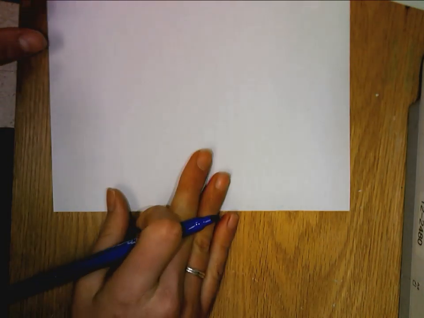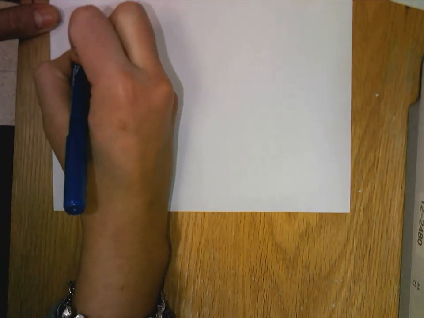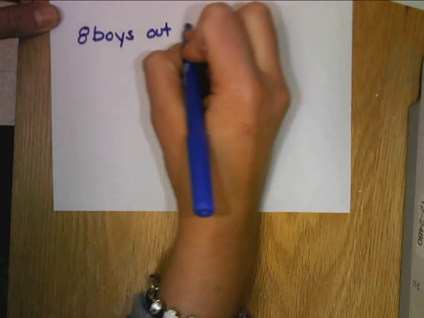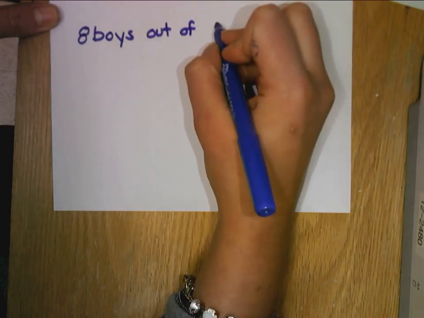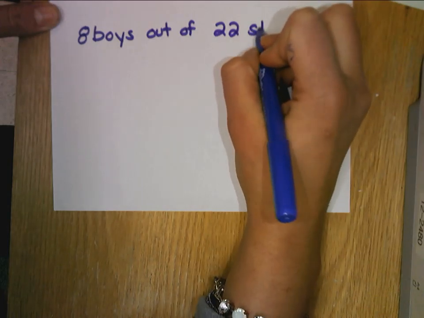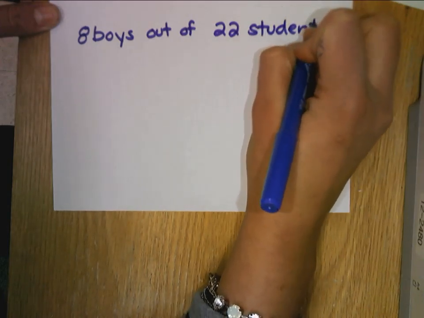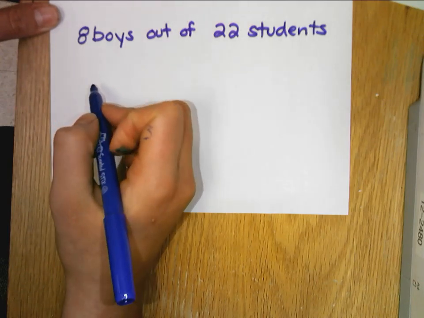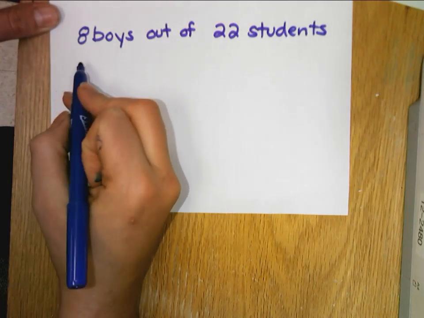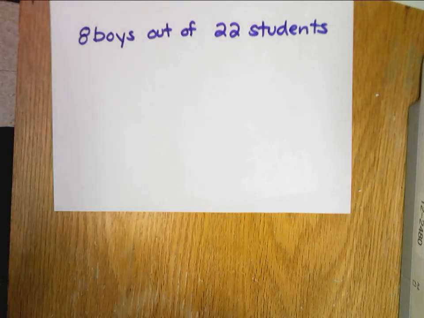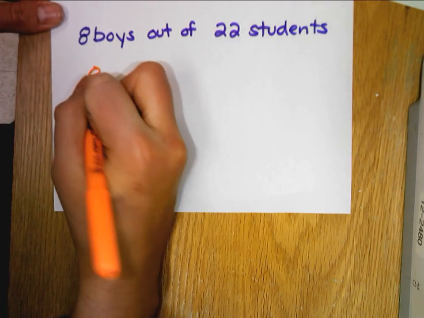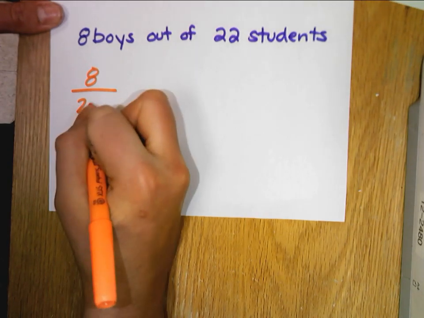And in our classroom, let's say that we have 8 boys out of a total of 22 students. I wanted to know what the fraction, decimal, and percent value of boys in the class would be. So 8 boys out of 22 students, I would represent that with a fraction of 8 out of 22, or 8 over 22.